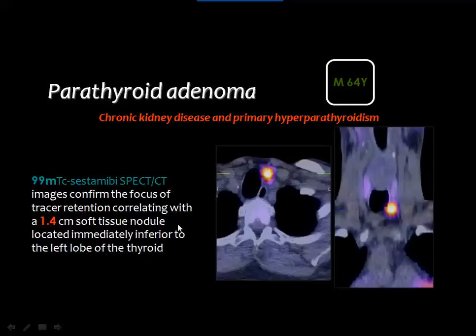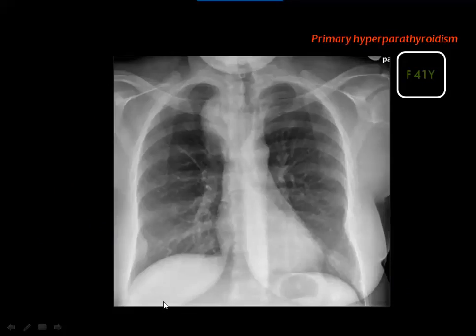This is what we call the technetium-99m sestamibi SPECT scan, which is the single photon emission computed tomography. This was a way to have anatomic details together with the isotope scan. Then you see an increased uptake here, located in the parathyroid adenoma along the inferior border of the left thyroid lobe.